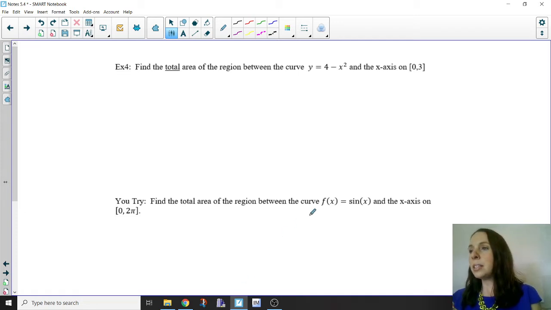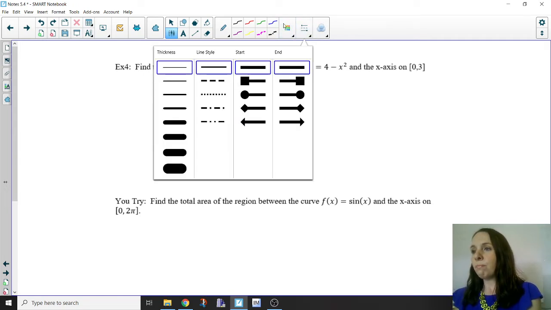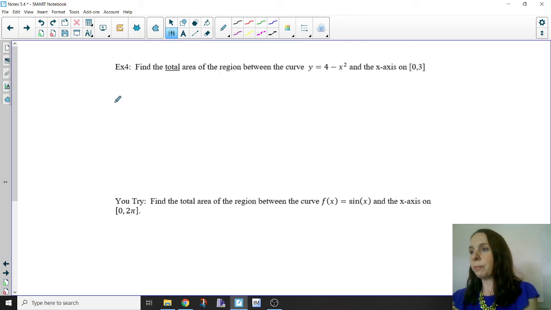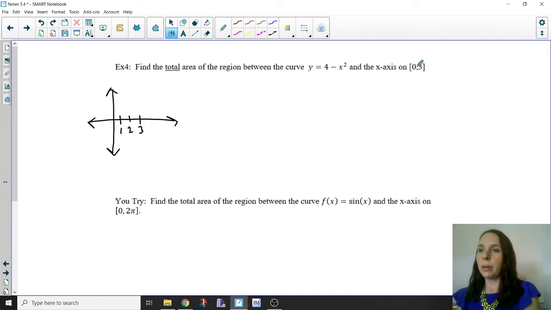All right, well, let's sketch the graph of y equals 4 minus x squared. We're just going to look at it on the interval from 0 to 3. So 1, 2, 3. Okay, 0 subbed in here is 4.